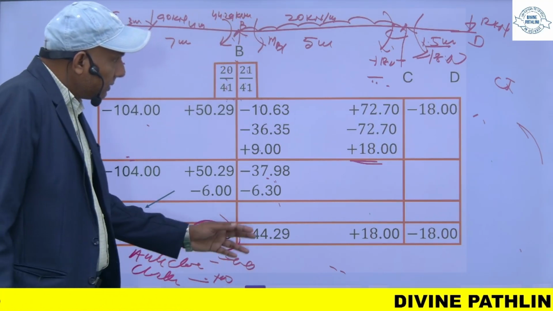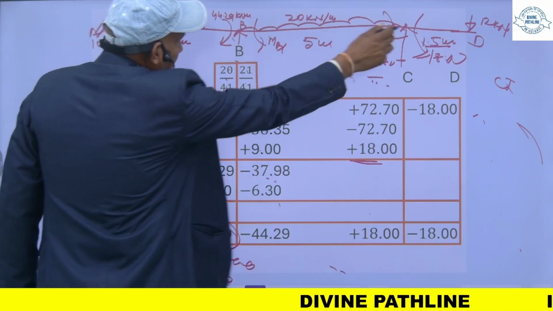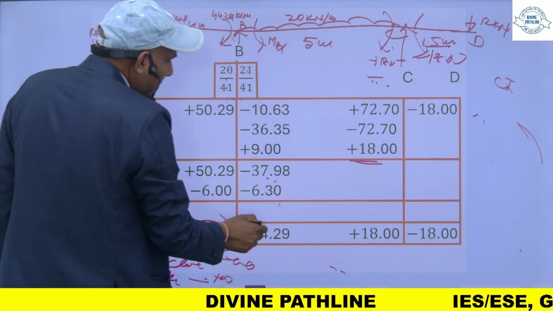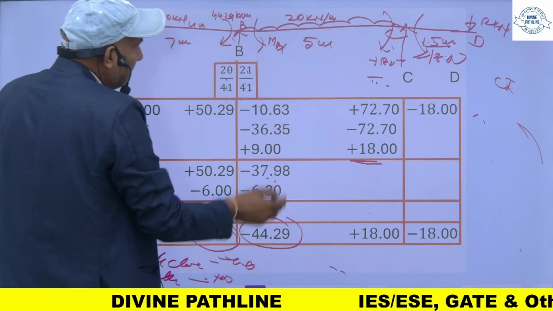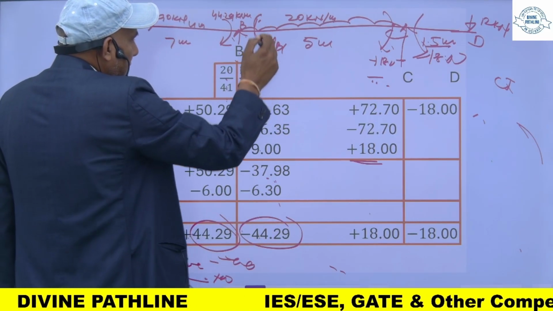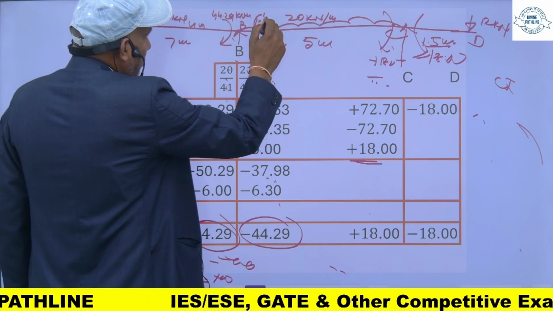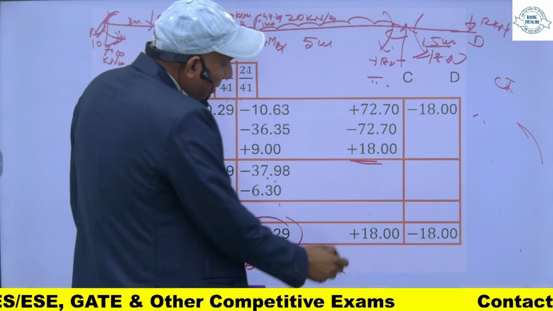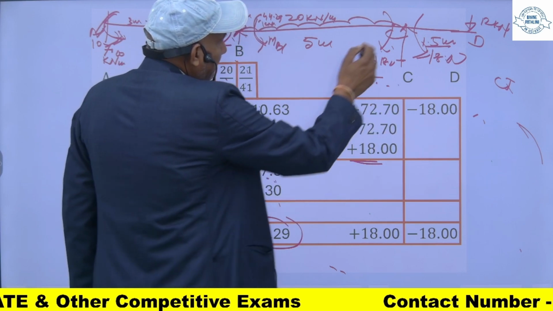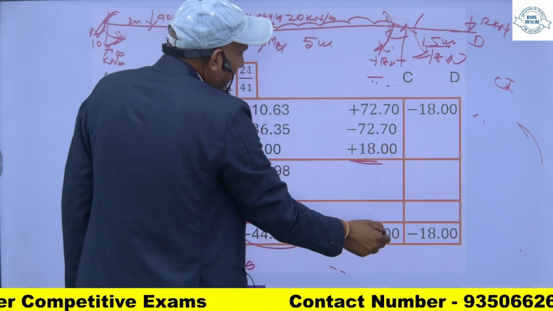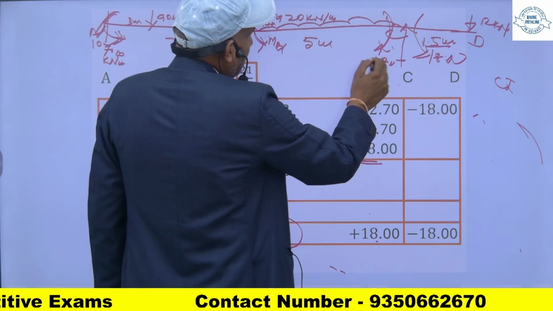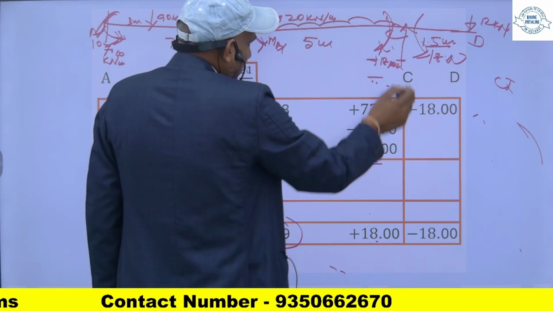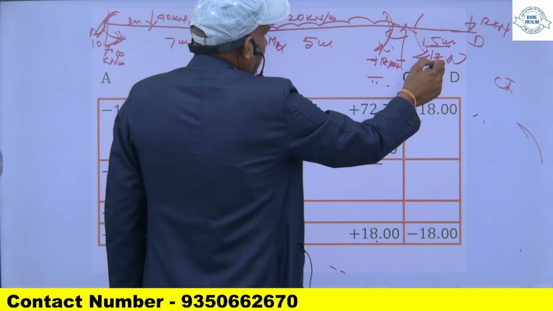Similarly, for this portion, this is MBC. MBC is this one. MBC is minus, so this is anticlockwise, and it is 44.29. Similarly, this is MCB. MCB is this one. So this is plus 18 kilonewton meter, and this is negative 18.